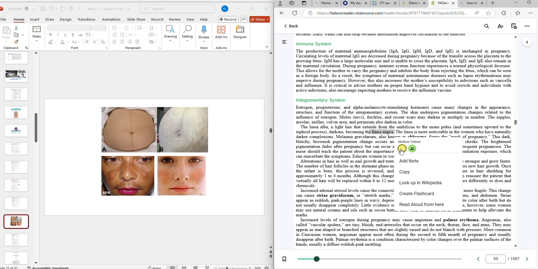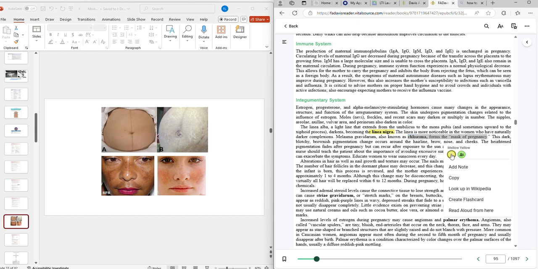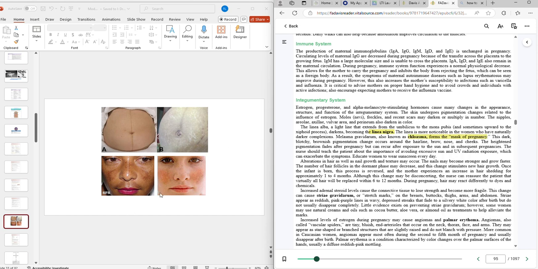It's from hormones that happen during pregnancy. Okay, so it's the line linea nigra, and then you have chloasma, which is your mask of pregnancy. Okay, and this is because of hormones in pregnancy. So you see how they have the little butterfly mask over it. Okay, not unlike a lupus mask, but it's just during pregnancy. Okay, it's hyperpigmentation. And of course the striae gravidarum, it's the stretch marks, right?